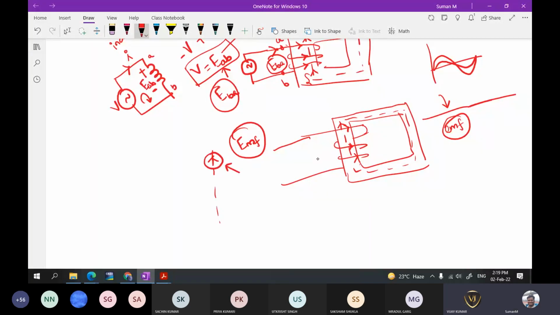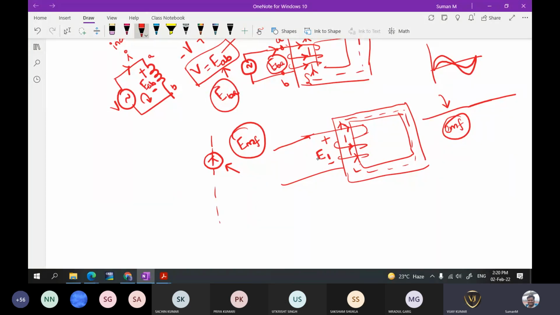So this is the flux which is linking that coil. That flux is inducing some EMF, which you call the induced EMF E1. Now if you consider this induced EMF like a source, then what happens if this EMF is able to supply some current?